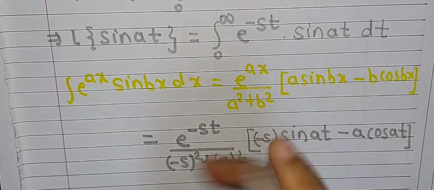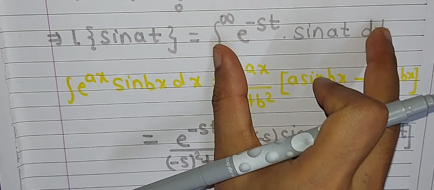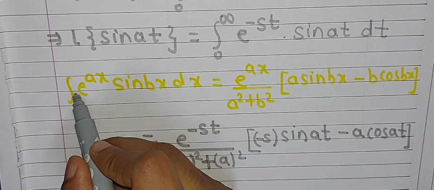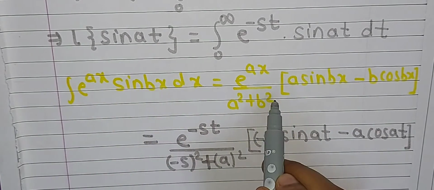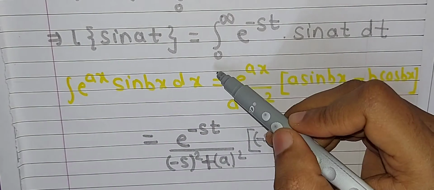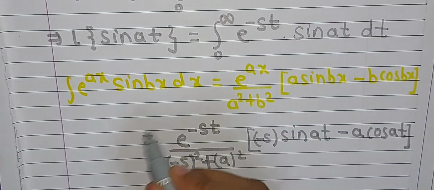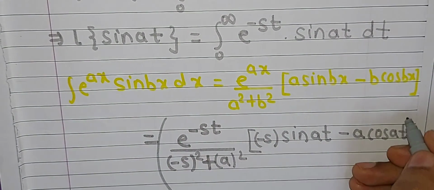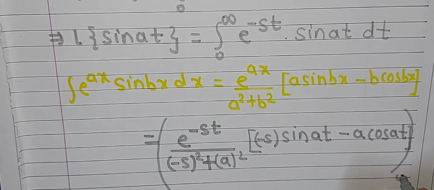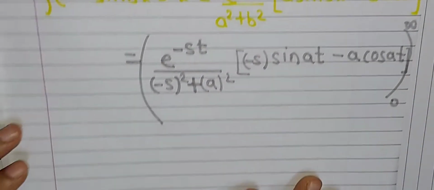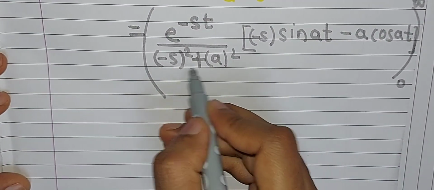So this is nothing but the value of this integration with the help of this formula. But this is an indefinite integral, and we have a definite integral because we have a lower limit of 0 and an upper limit of infinity. Put that value here: this is my integration, with lower limit 0 and upper limit infinity.